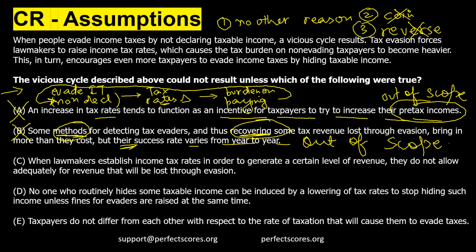Okay, about half a minute left. Okay, so tell me, what did you choose as the answer?